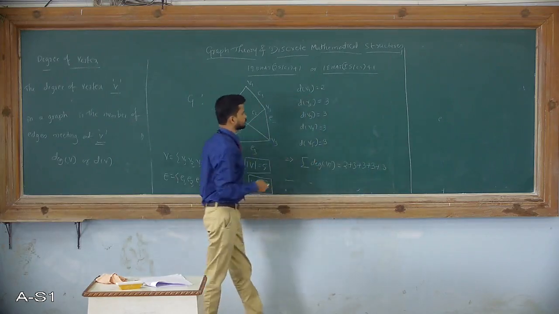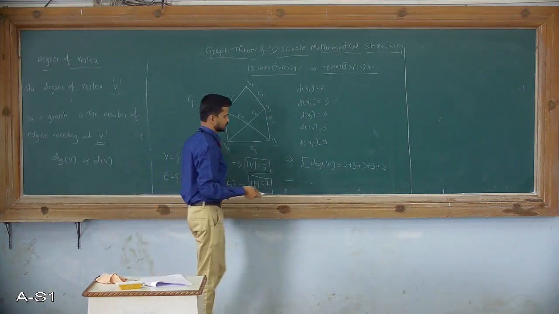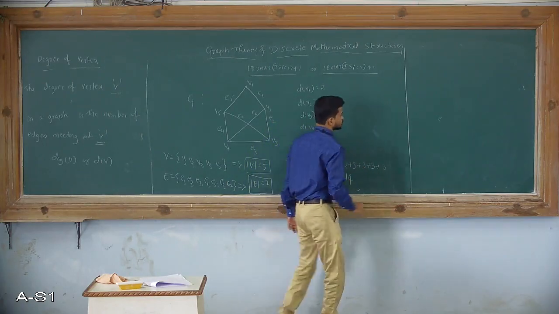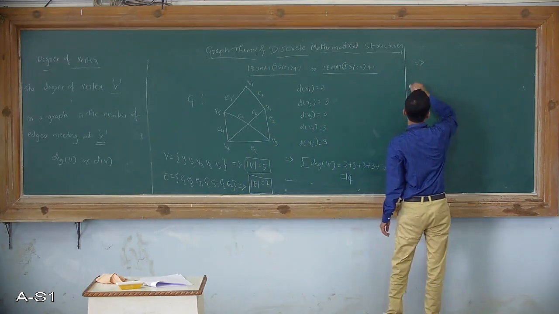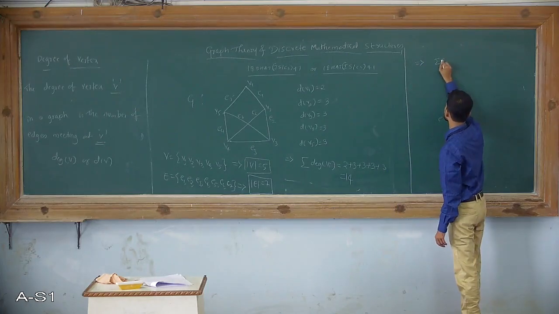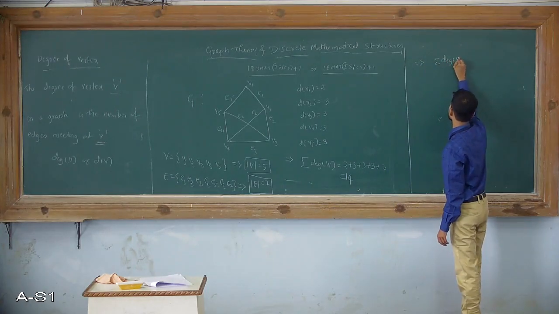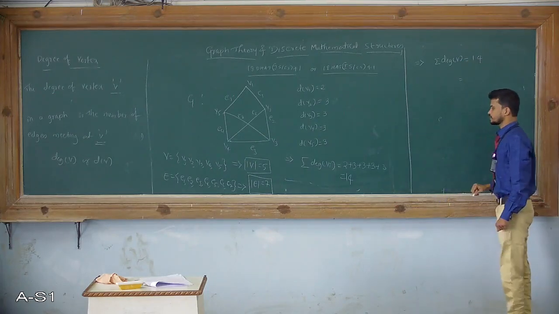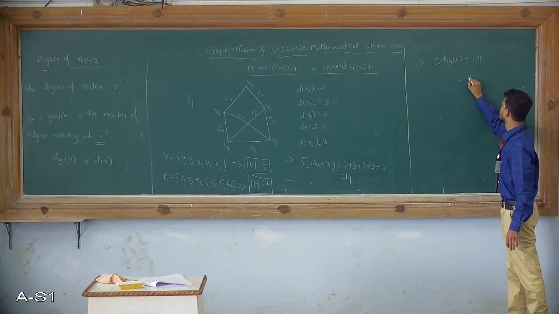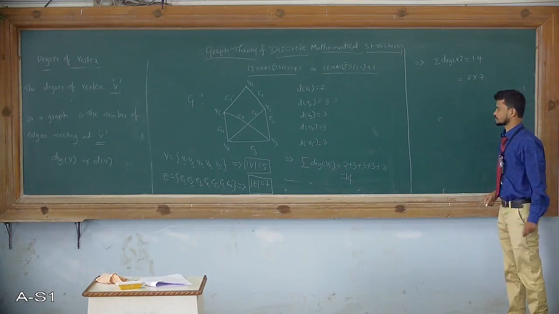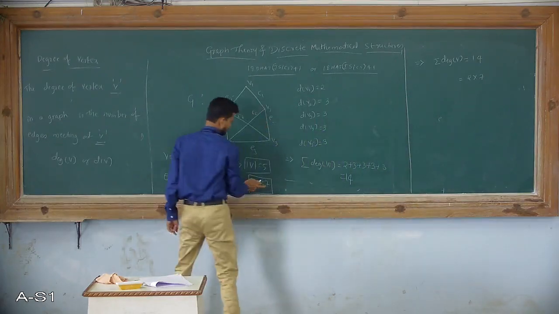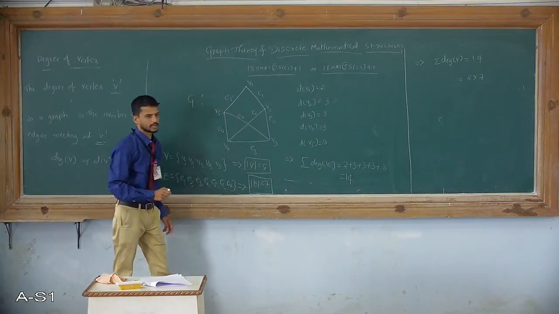So the sum of the degree of each vertex is 14. Which implies the sum of degree of each vertex, that is degree of V, is equal to 14. I will rewrite this 14 as 2 times 7. If you observe, this 7 represents the number of edges here.